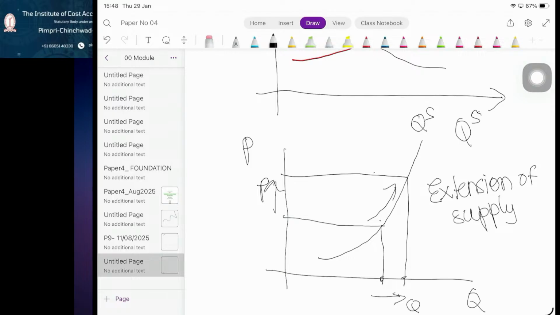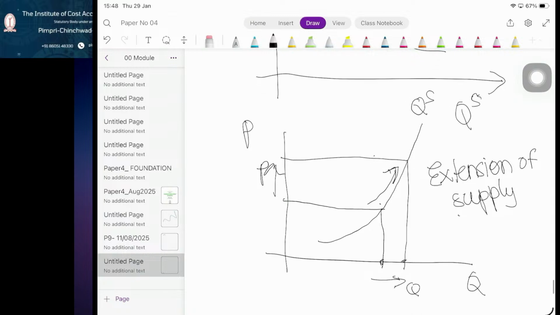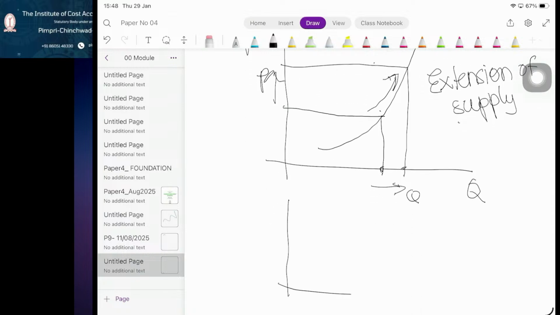Okay, when price increases and quantity supplied increases, this movement is called extension of supply. Quickly draw one more small diagram, or if you have two different colored pens, on the same diagram, can you draw the contraction of supply?